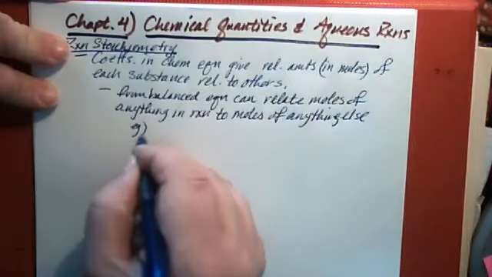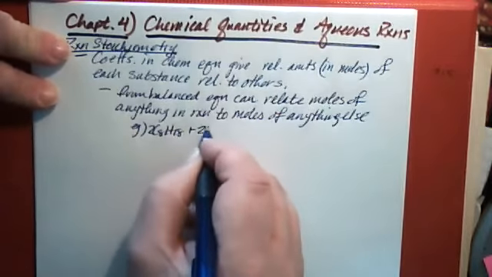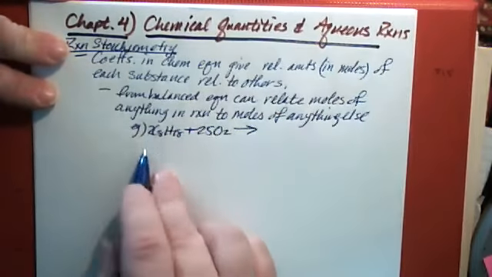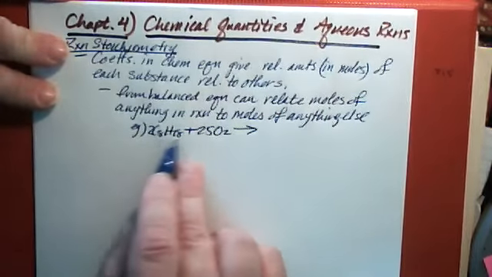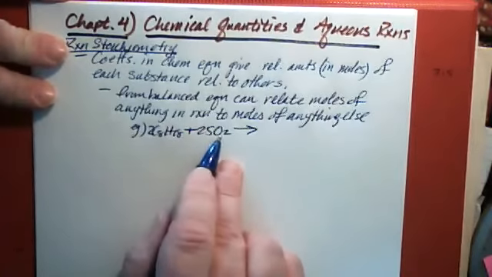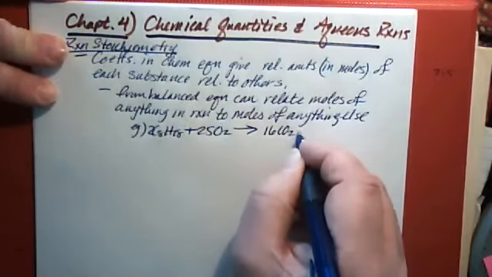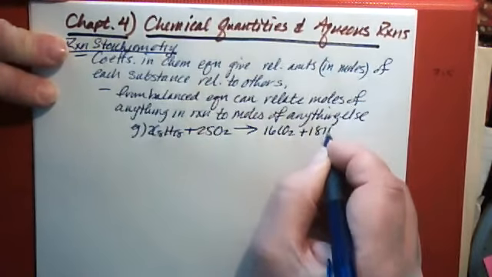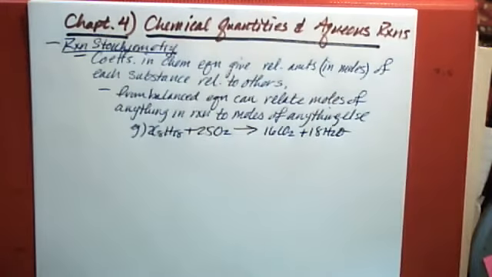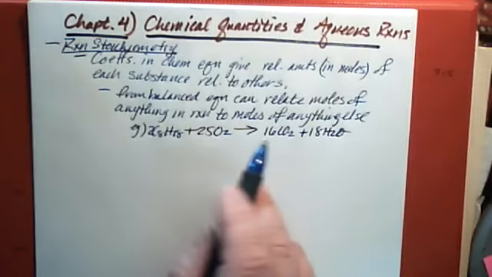An example is the combustion of butane, in which for every 2 moles of butane you burn, which is C8H18, you use 25 moles of oxygen from the air, and you produce 16 moles of carbon dioxide and 18 moles of water. And this gives the relative ratios of these compounds to each other in that reaction.